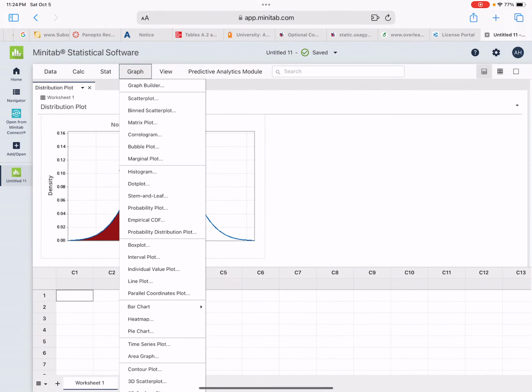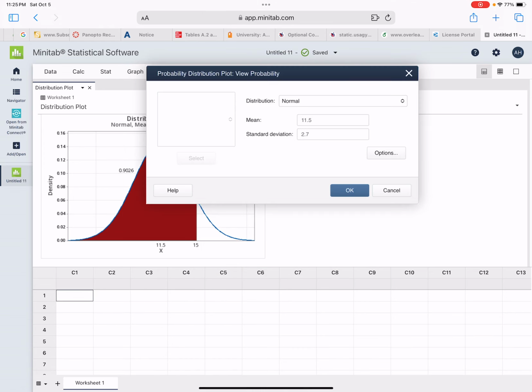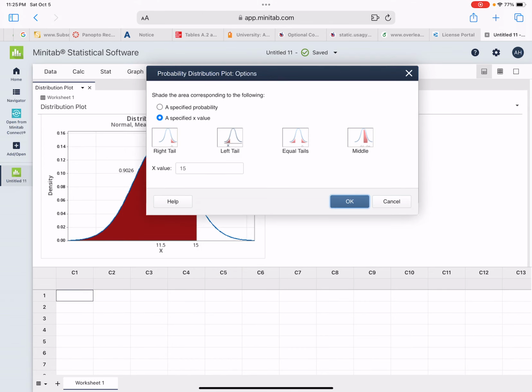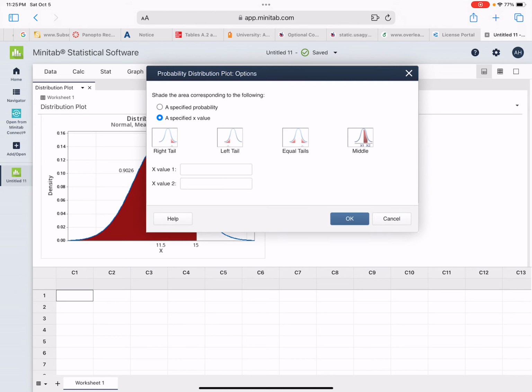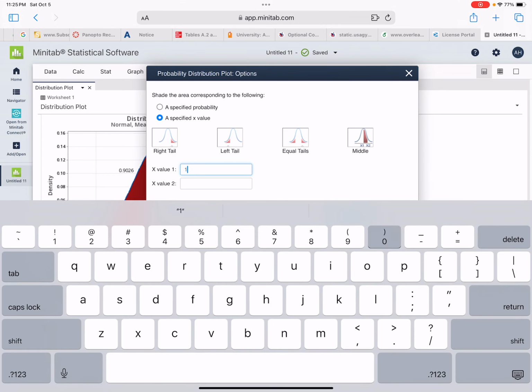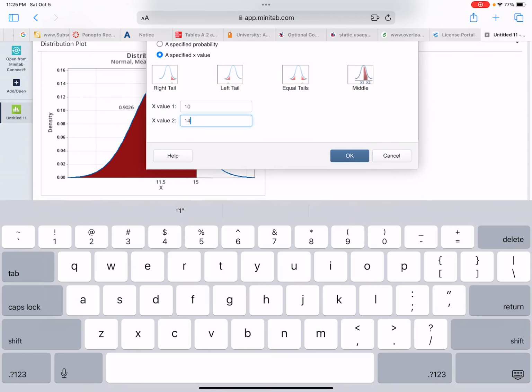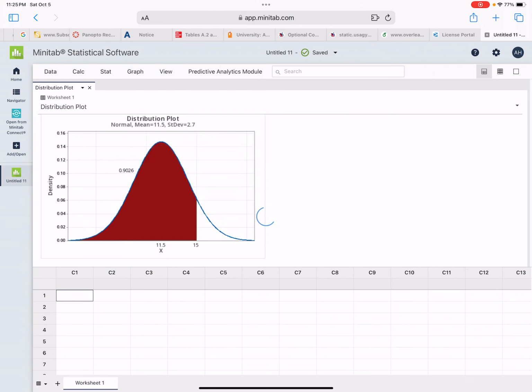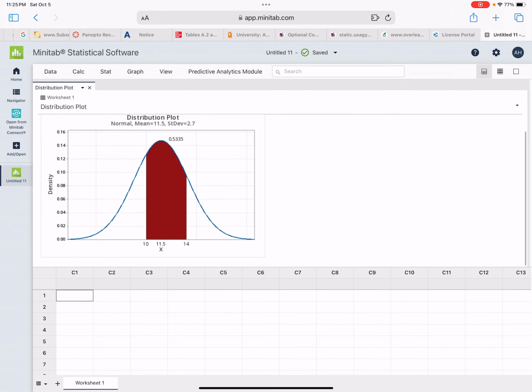For part C, what proportion of babies weigh between 10 and 14 pounds? Well, again, graph, probability distribution plot, and now we want 10 and 14. We can say this should be 10 and this should be 14. I think this will give us what we want. Yeah, there you go.